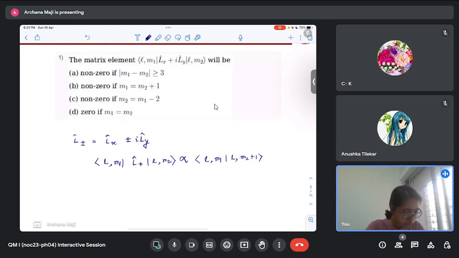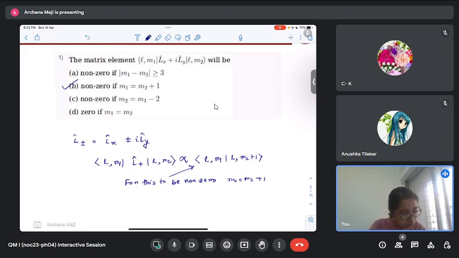So what does it mean? It means for this to be non-zero, m1 has to be equal to m2 plus 1. That means this option is correct.